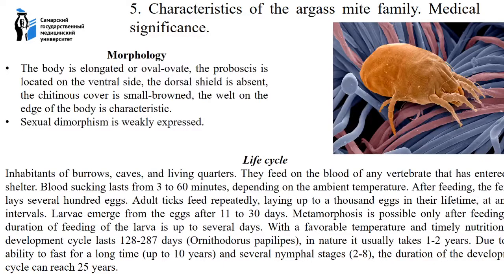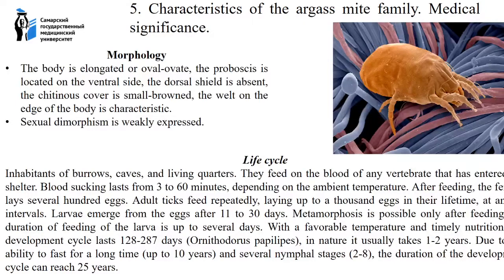Characteristics of the Argasidae family, medical significance. Morphology. The body is elongated or oval. The proboscis is located on the ventral side. The dorsal shield is absent.